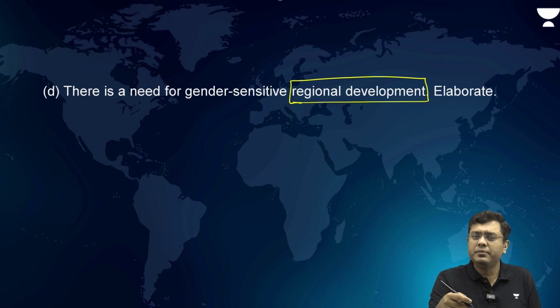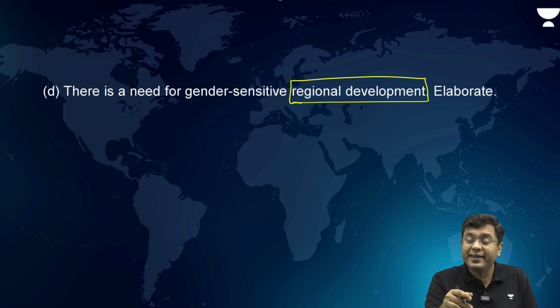So for example, in any particular area, you can have rural areas, you can have urban areas. In urban areas, greater women workforce participation can be ensured. In rural areas, for example, you can also have availability of water supply. For example, you have the Har Ghar Jal Yojana.